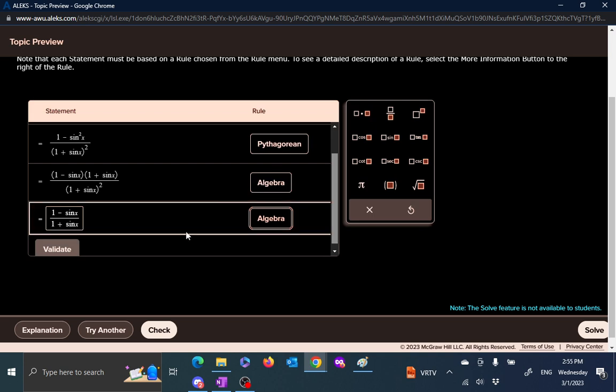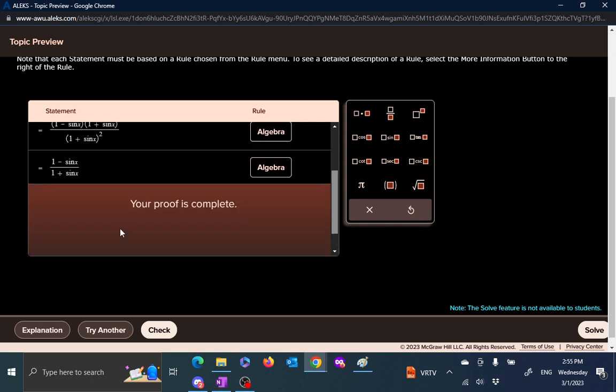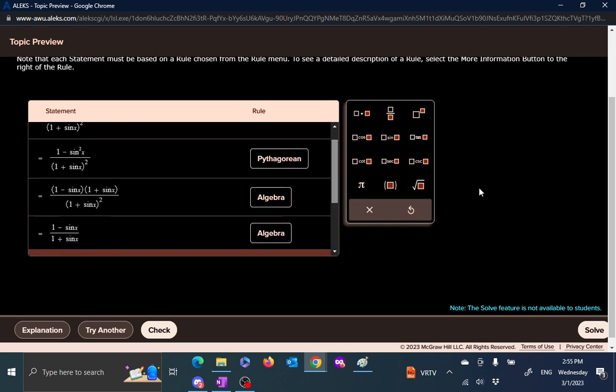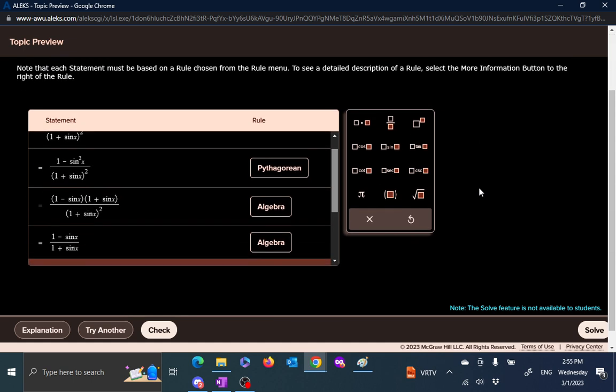And then validate. Well, I guess that's all we wanted to do here. There's more to do. We are going to come to some new identities. So expect the problems to become more involved.